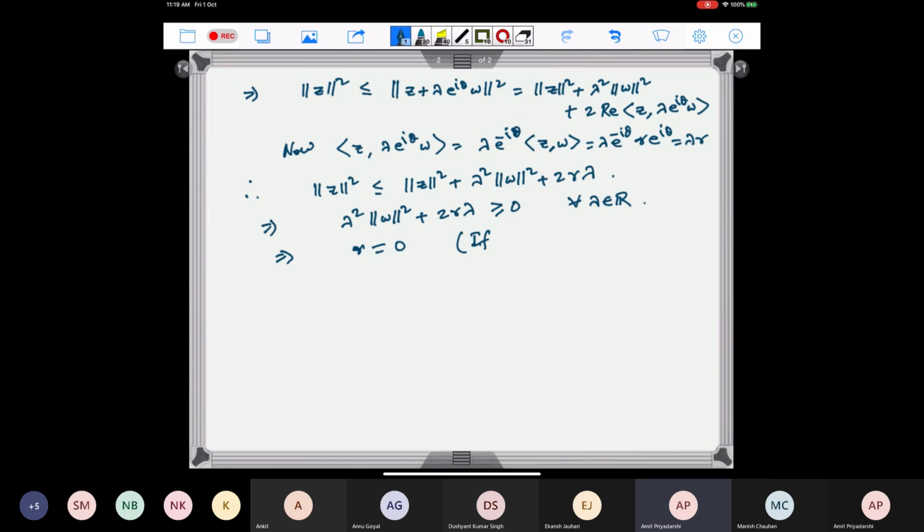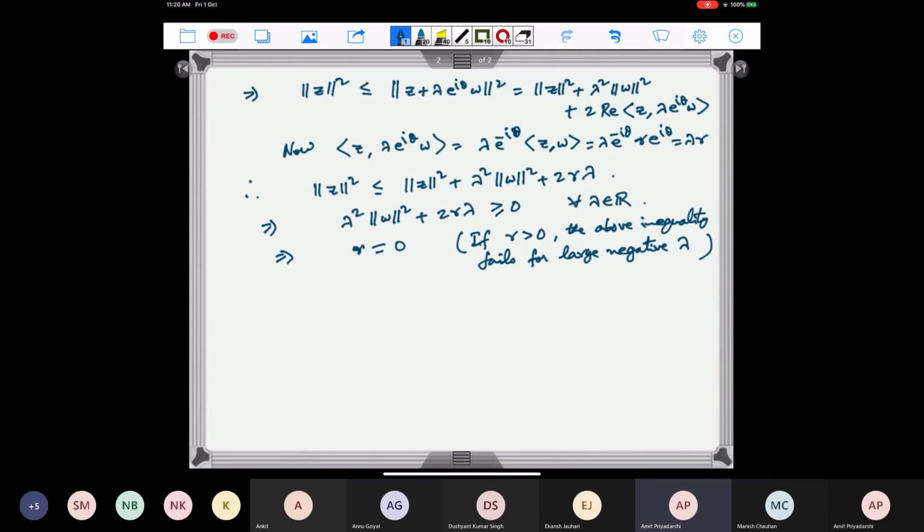Because if R is strictly positive, the above inequality fails for large negative lambda.